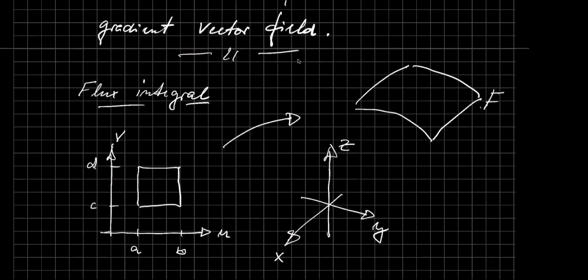I call this surface F, and I indicate that it is given by this parametric representation. On the surface, you have a normal vector that is perpendicular to the surface, and this is a unit vector.